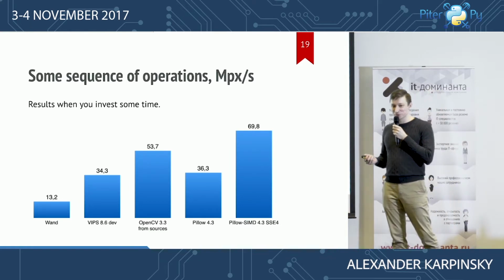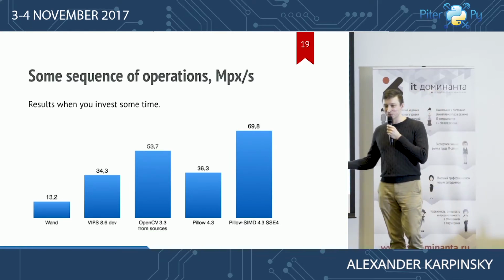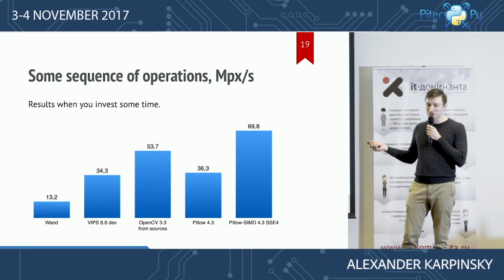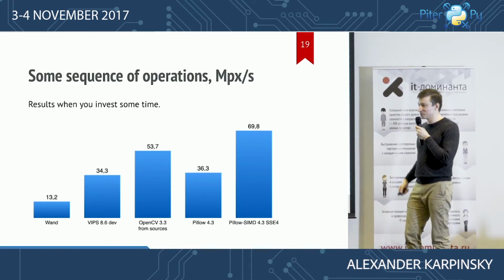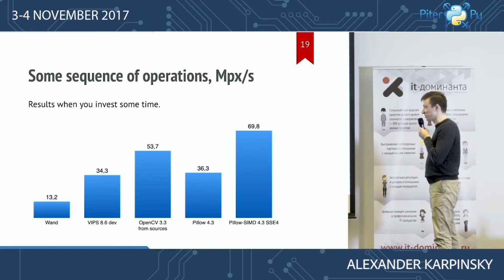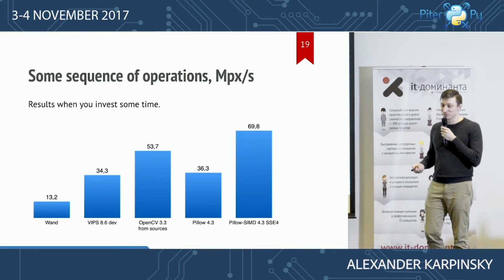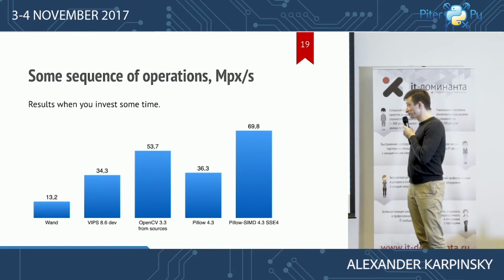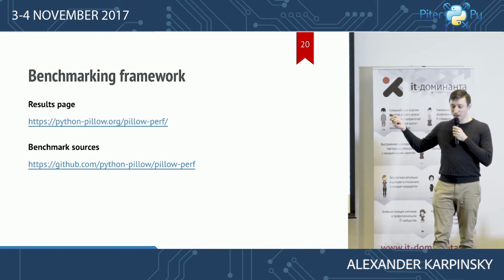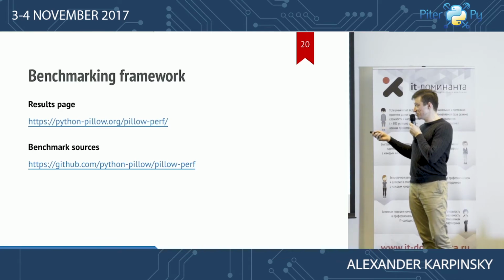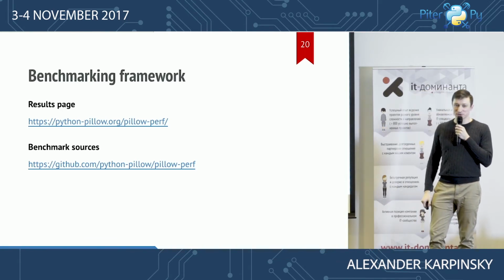So, what conclusion could be made? If something is working at a certain speed, it doesn't mean that it will be working at the same speed with you, so you will have to check the application in the current environment. So the benchmarks that I have shown could be found at this page.